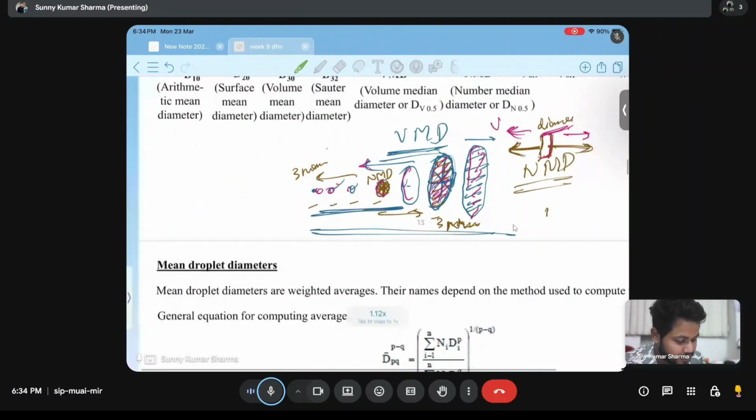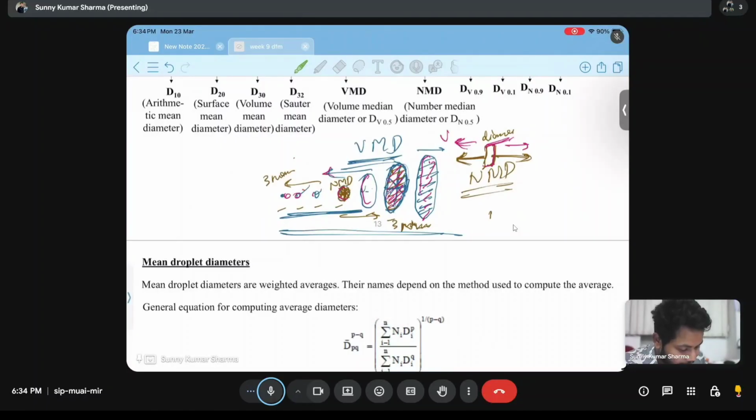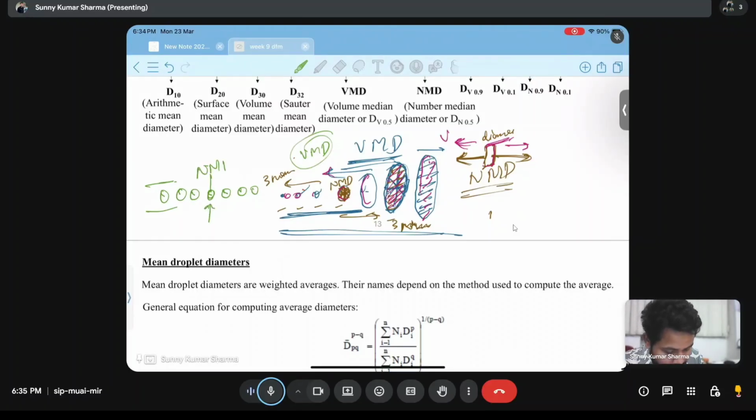That is not always the case. If all the droplets were of the same diameter, then NMD would become equal to VMD. The number median diameter would be equal, and the volume median diameter would also be equal, meaning the volume on this side and this side would be equal.